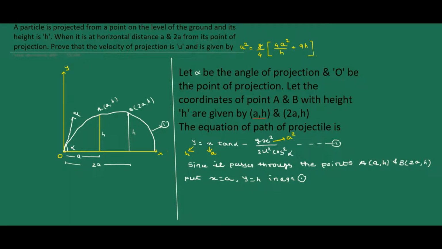What we get is h is equal to a into tan alpha minus g a square divided by 2u square cos square alpha, and say this is equation number 2.